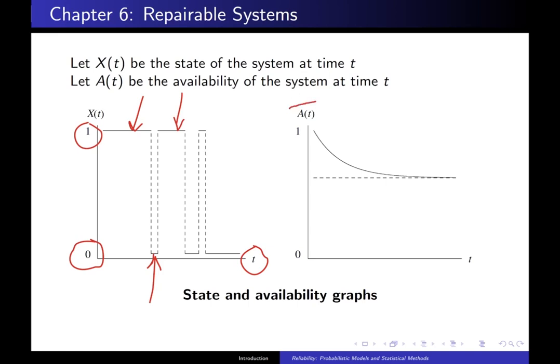There is another function in looking at repairable systems, and that is called the availability. You can see the availability starts at 1 with a brand new item, and from there it goes downwards and typically hits a steady state value in a well-maintained system. So this completes the probabilistic models. The next chapters handle the statistical methods.